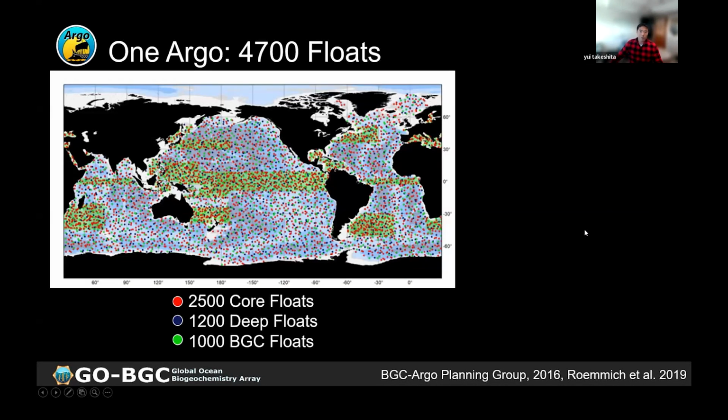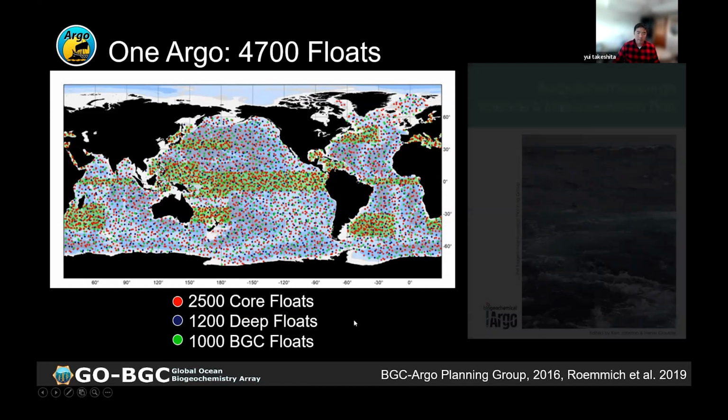So, a quick reminder that BGC Argo is part of One Argo, which aims to maintain an array of 4,700 floats, of which 2,500 will be core floats, so that's temperature, salinity, pressure, 1,200 deep floats, and 1,000 BGC floats distributed. This is the target distribution.